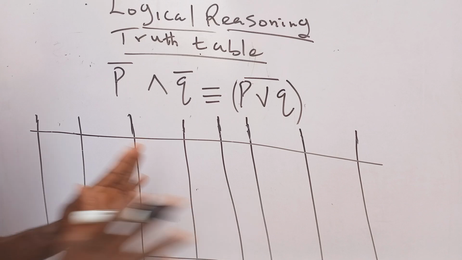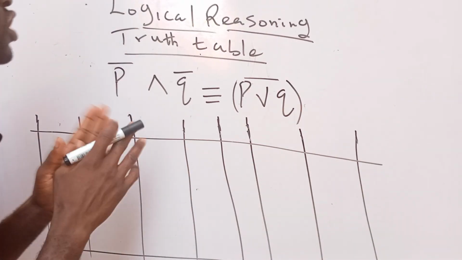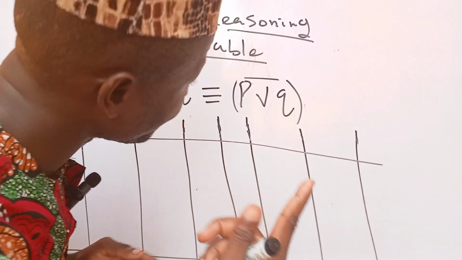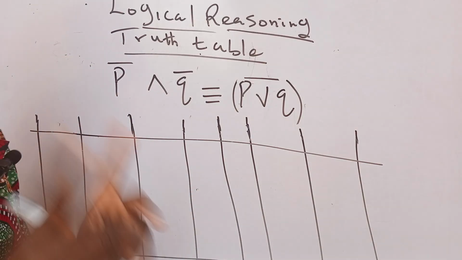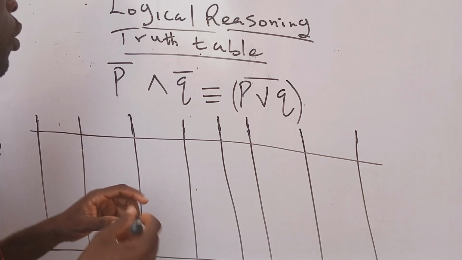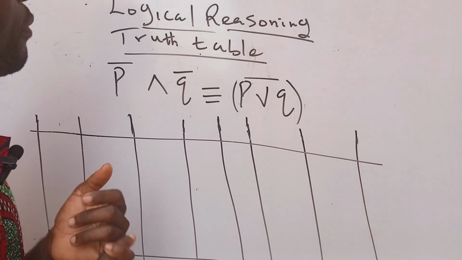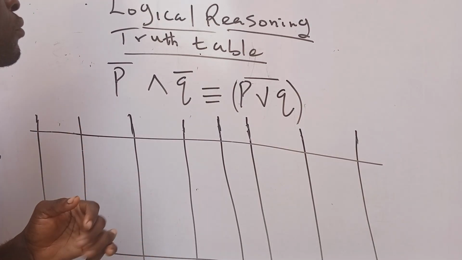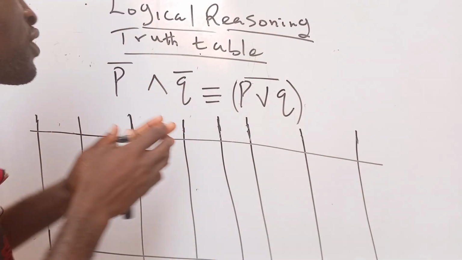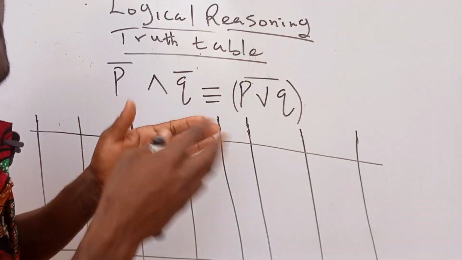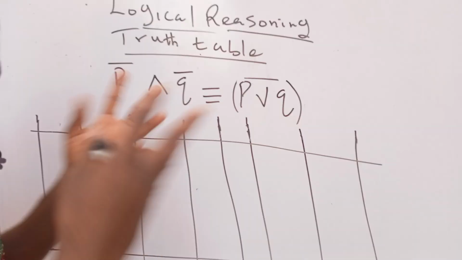Now, what you need to know is that logic is a science of reasoning and thinking, or mathematics of reasoning. Another thing you need to know about logical reasoning is that there are what we call logical statements. Logical statements can either be true or false.